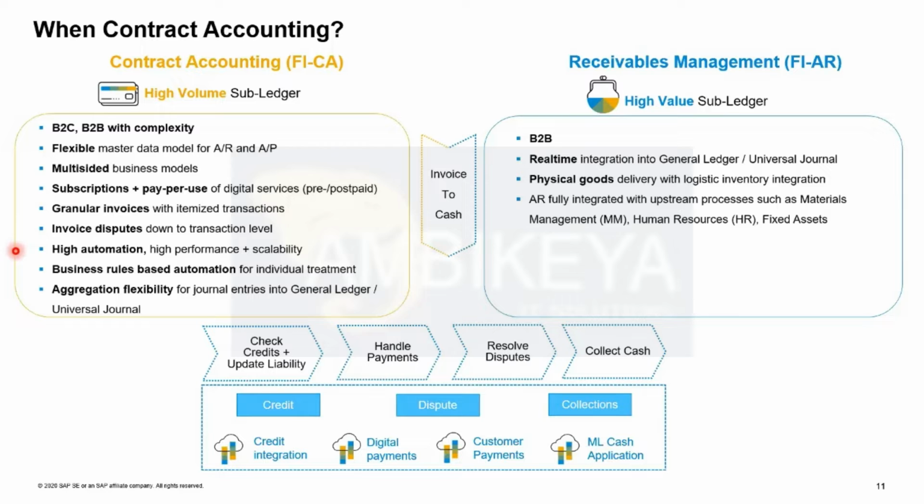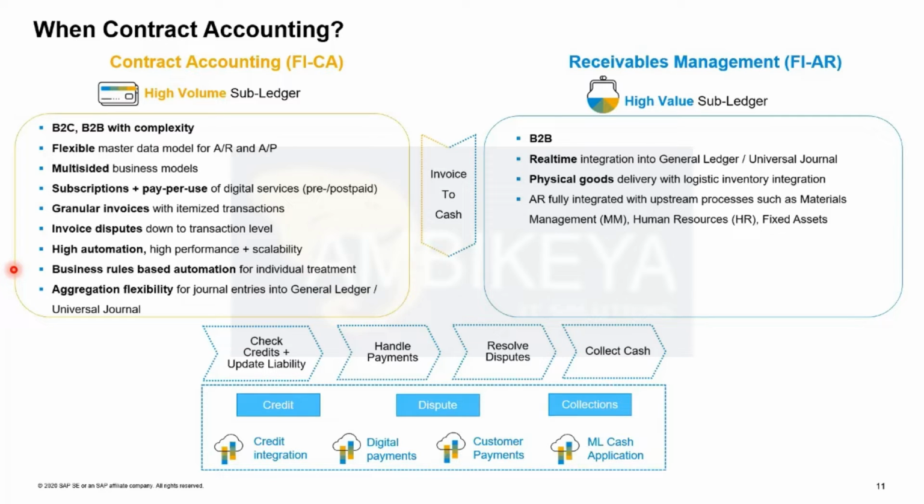Right. And all these things, like Michael mentioned, we can perfectly deal with the B2C business. And hence, we have a high degree of automation, not only in regards to high performance and scalability, but also, coming to the next point, our processes run unattended with no touch.